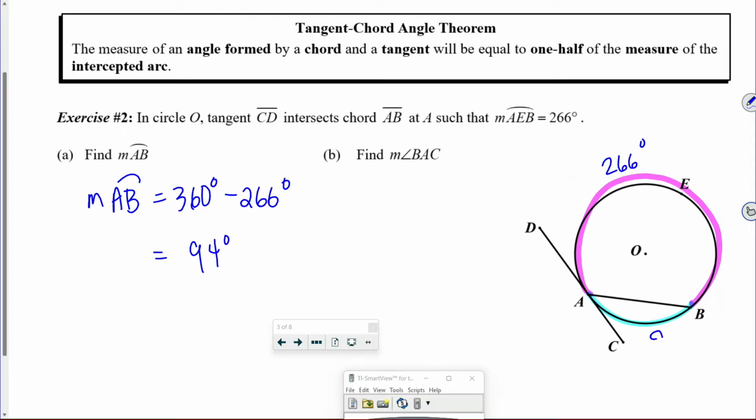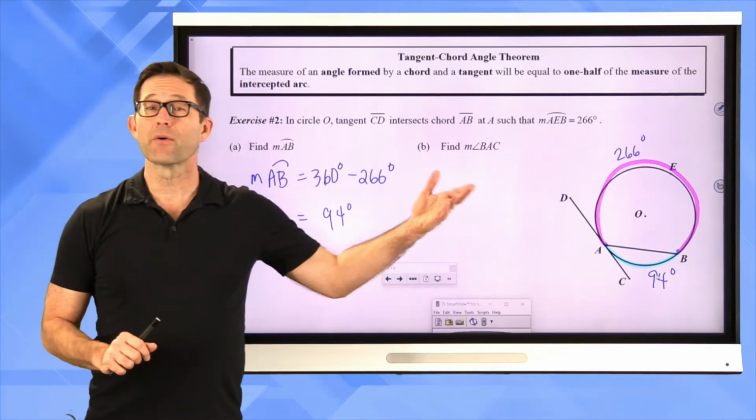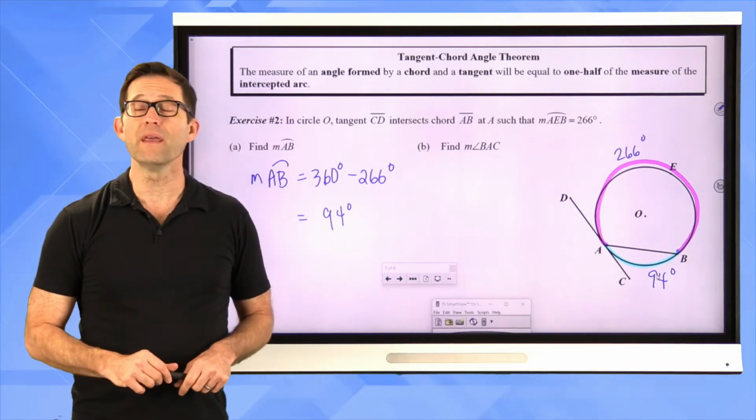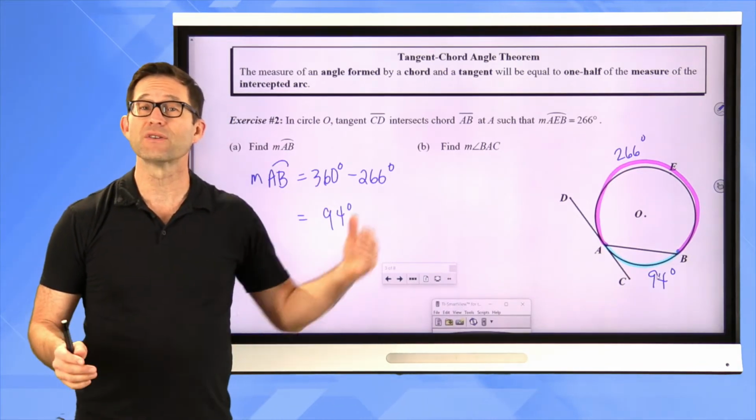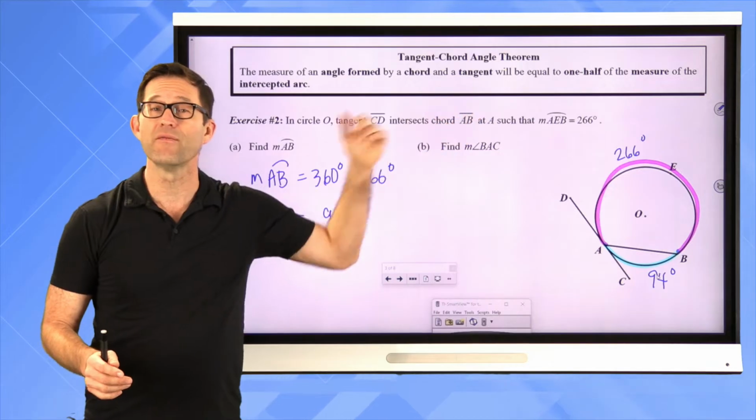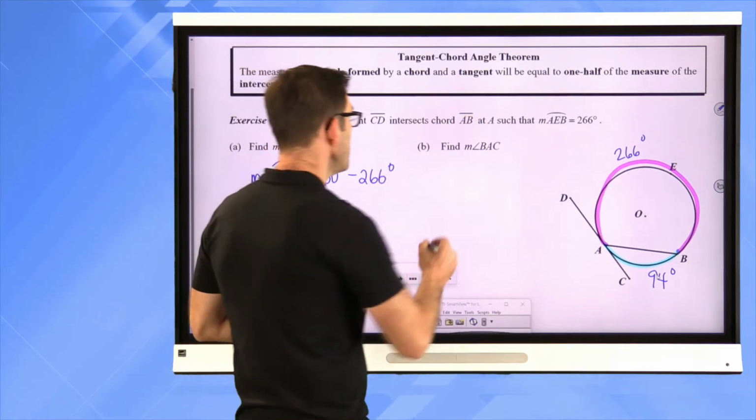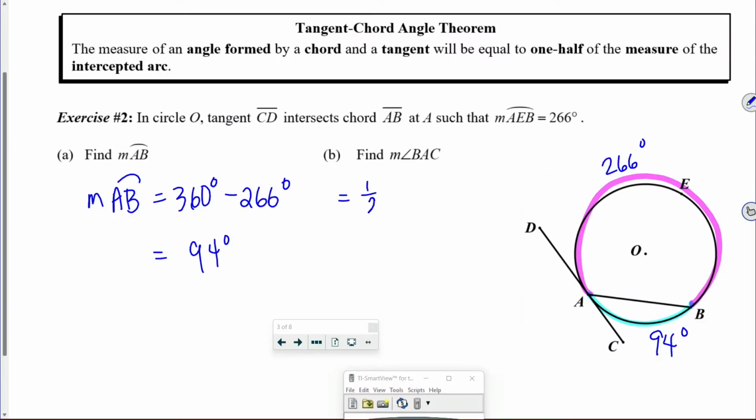Might as well write that on my diagram. And then letter B says find the measure of angle BAC. Right, that's just a direct application of this theorem. The measure of angle BAC is going to be 1/2 the measure of arc AB. So that's going to be 1/2 of 94 degrees, and that's going to be 47 degrees.